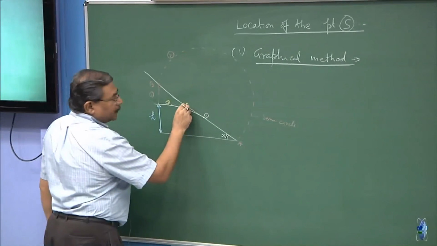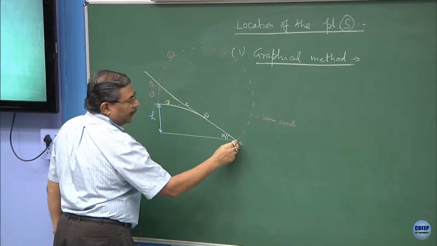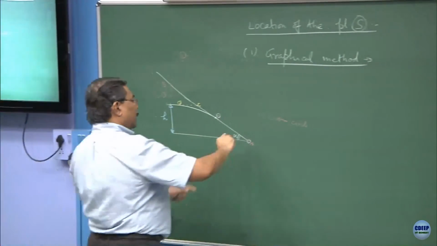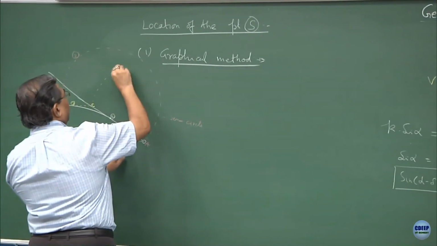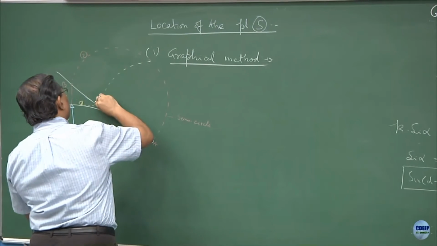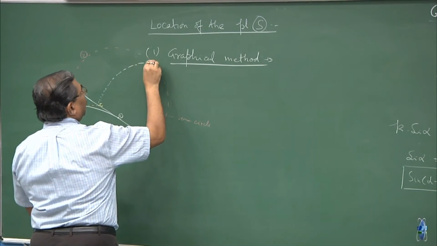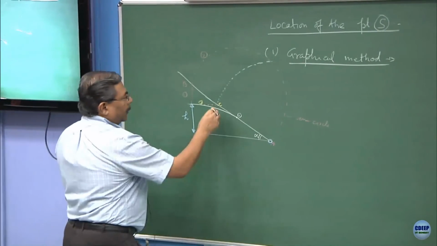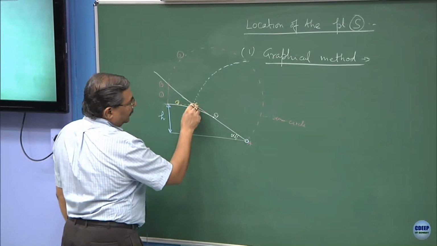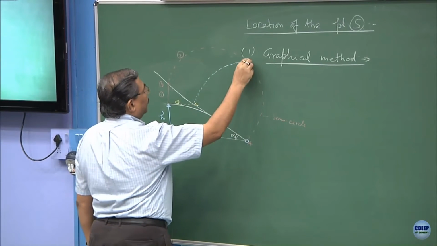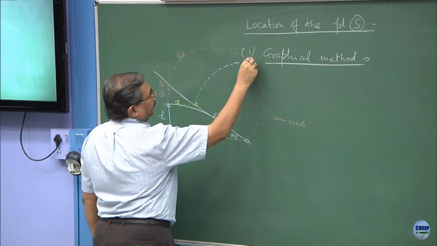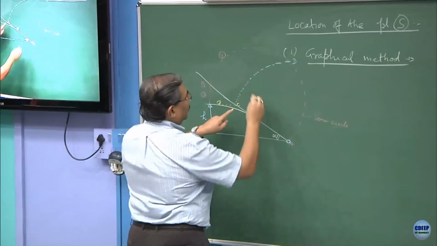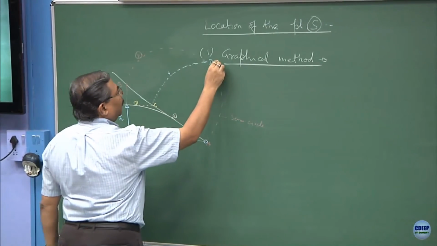Take AC as the radius and keeping A as the center, draw an arc. So, A is the center and AC is the radius. Get the point D. This is step number 4, and getting point D is 5.